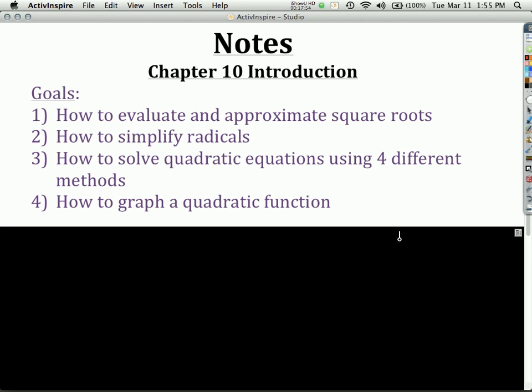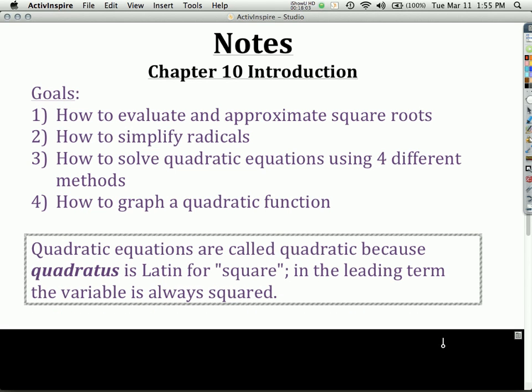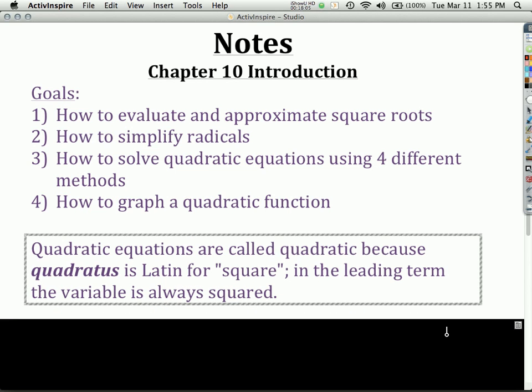So I never understood, why does quadratic mean x squared when it means 4? So I looked it up to find out why. Here is why. And those of you who are fortunate enough in high school to study Latin, great benefits to studying Latin. I never did, but if you do, it opens up the world of language to you tremendously. But a quadratic equation is called quadratic because it comes from the Latin word quadratus, which is Latin for square.